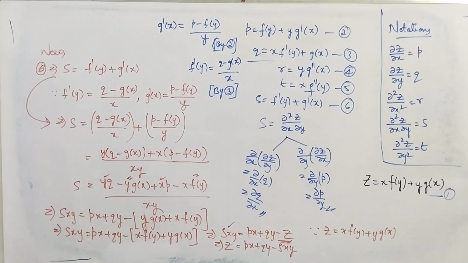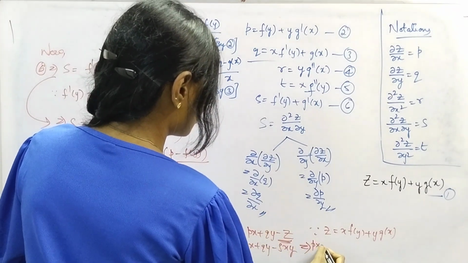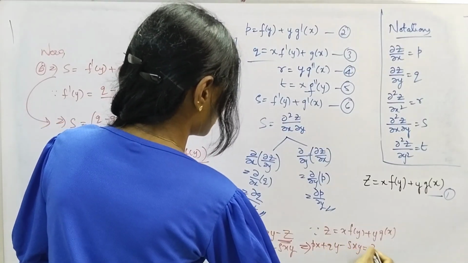We'll just write the terms involving p, q, s on one side, and the terms that do not involve second derivatives on the other side, okay? So this is the required partial differential equation, or we can just write this as px plus qy minus sxy equal to z.